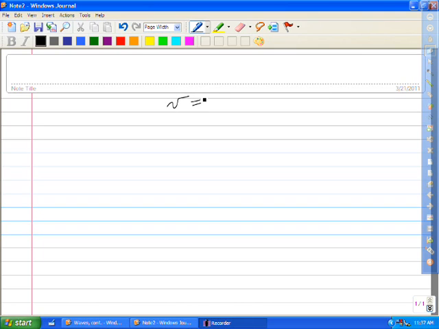Notice from the background information of the lab, we're using this relationship, that the wave speed for any wave equals the, what's lambda? Wavelength times the frequency.